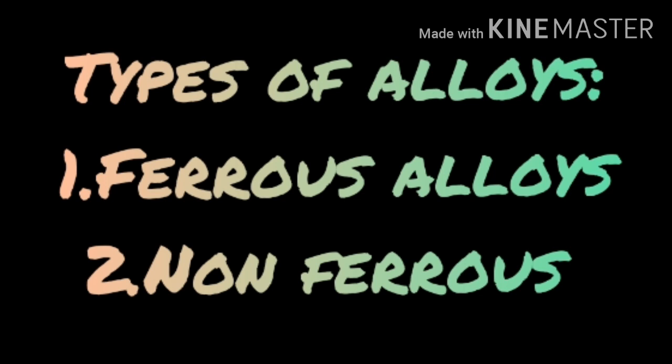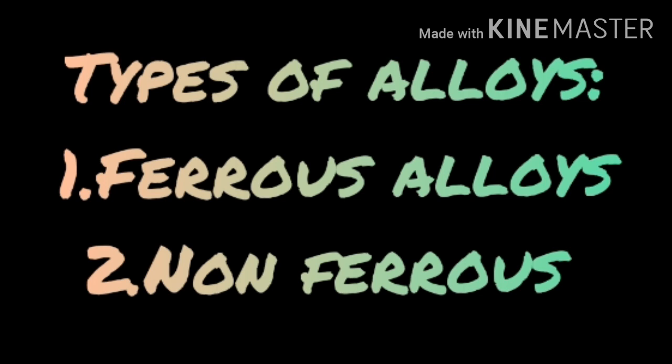Alloys are broadly classified into 2. The first one is a ferrous alloy, and the second one is a non-ferrous alloy. They have been classified mainly by taking iron as the basis. Alloys which have iron as one section, and the non-iron alloys as the second one.